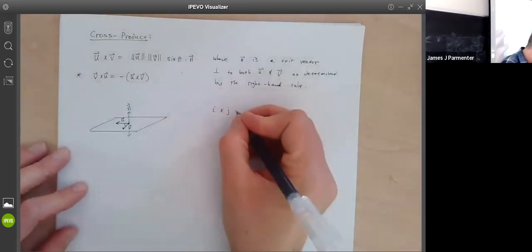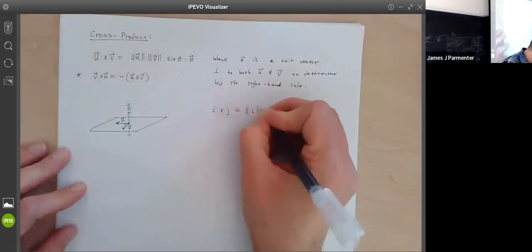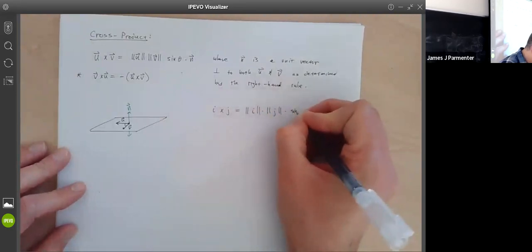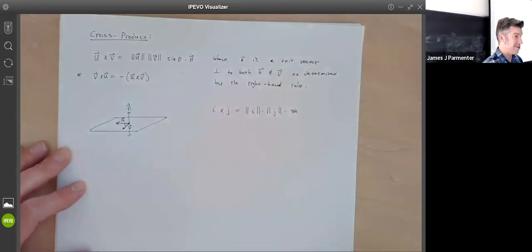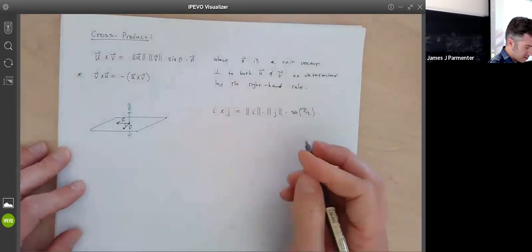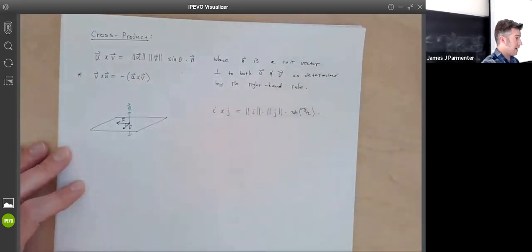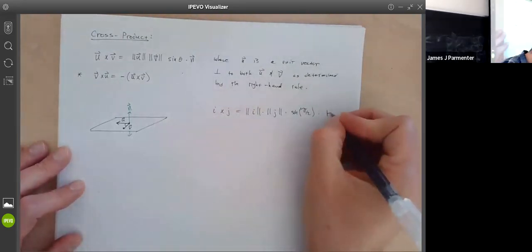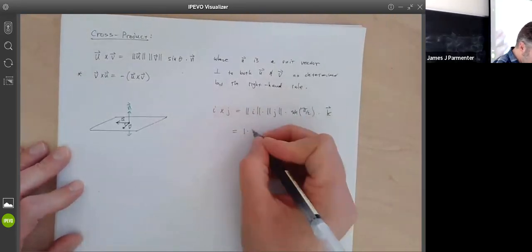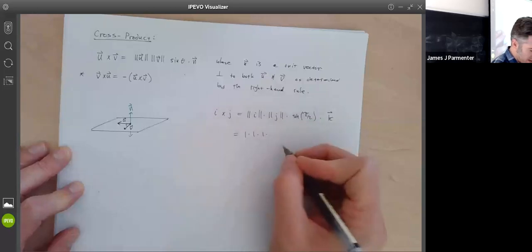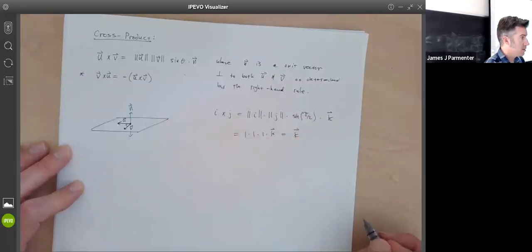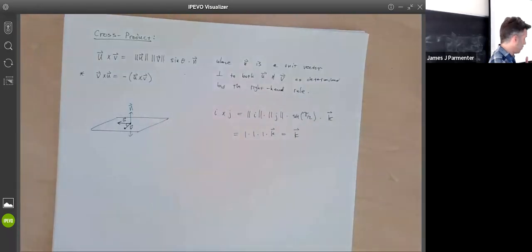That's the magnitude of I times the magnitude of J times sine of the angle between I and J, which is 90 degrees, or pi over 2 radians, times the unit vector in the right-hand rule direction, which should be K. The magnitude of I is 1, the magnitude of J is 1, sine of pi over 2 is 1, and you just get the vector K.